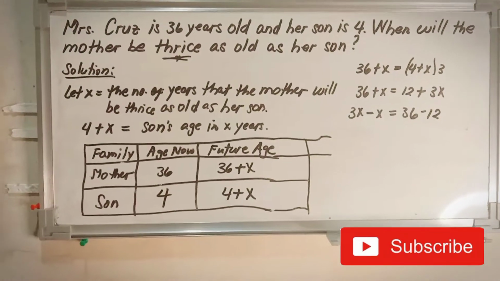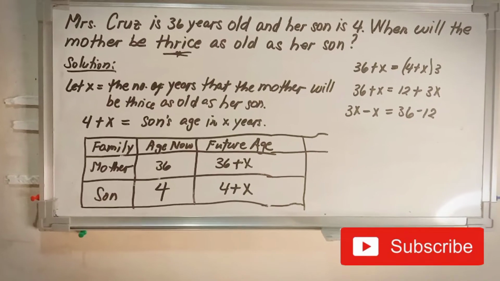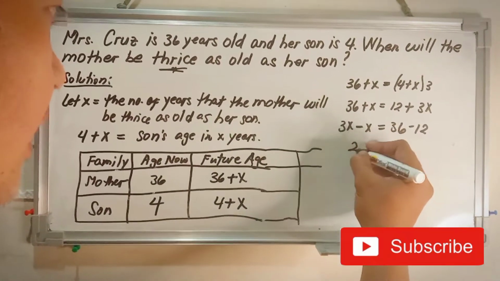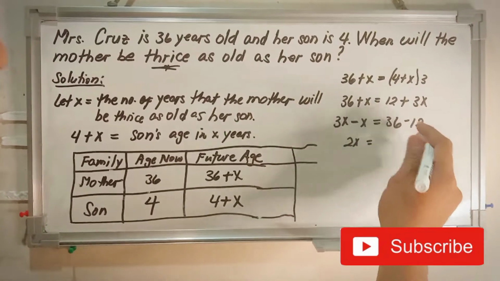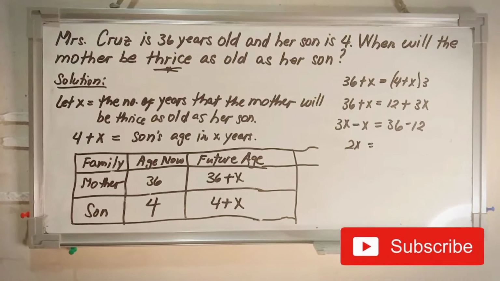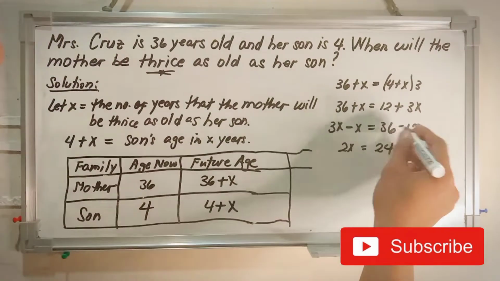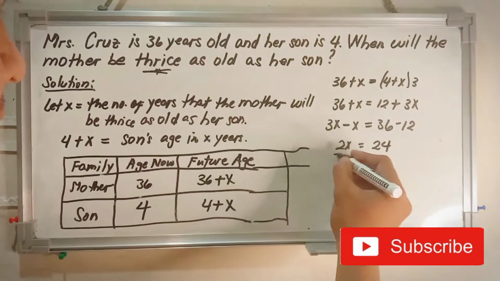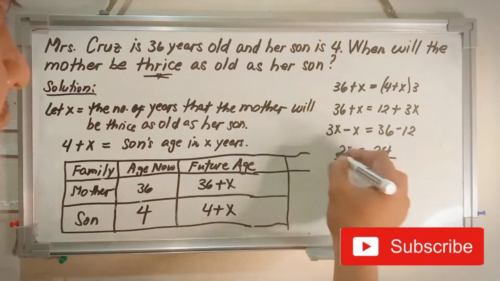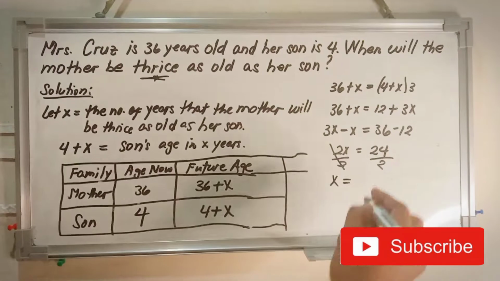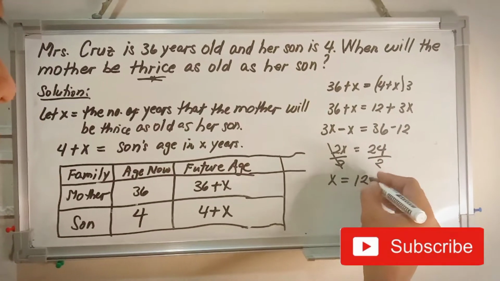So 2x is equal to 24. Divide both sides by 2. Cancel 2. So x is equal to 24 divided by 2, which is 12.